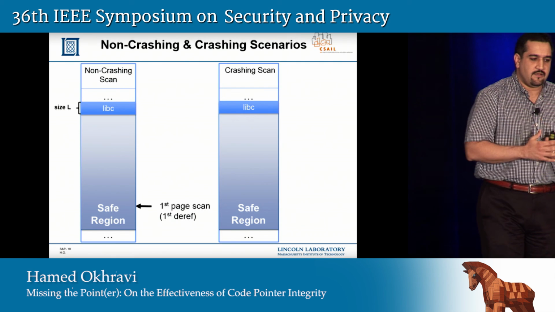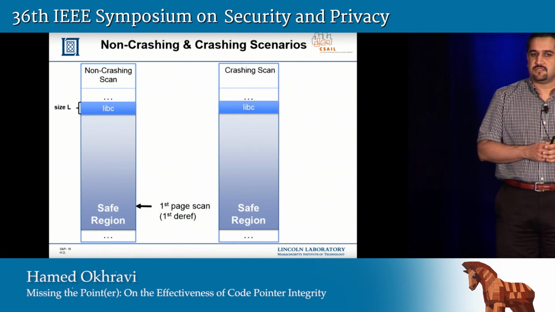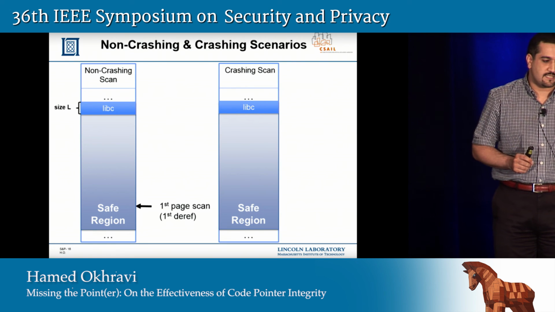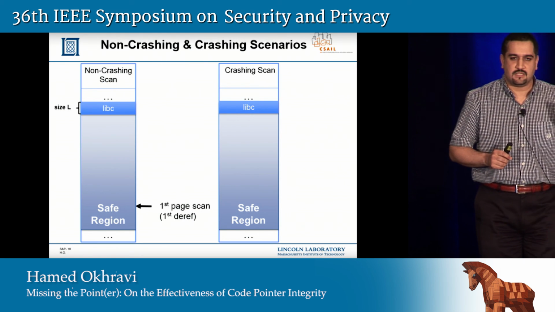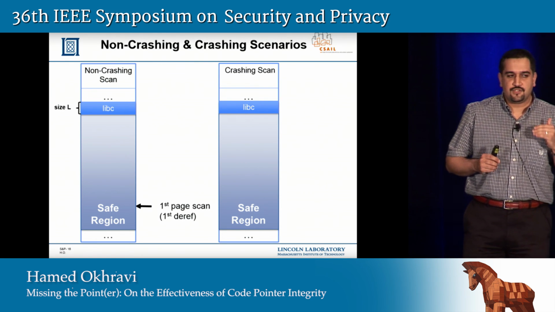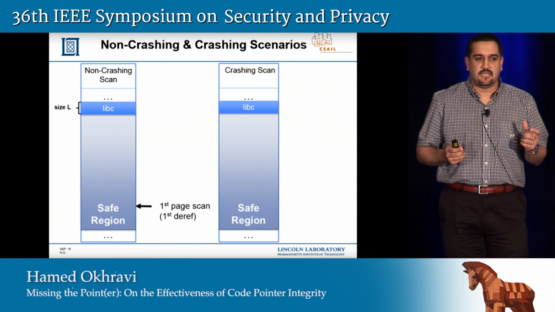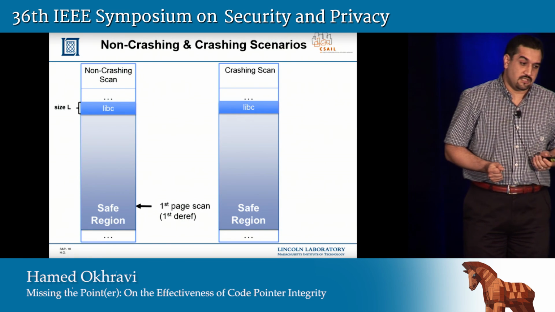Now, how do we find the base address based on that? Well, as it turns out, other libraries are linked on top of the safe region, in the mmap region of the process. And our intuition is that, let's say the top library is libc. If we move to the top by the size of libc, we can be sure that we will never fall off the edge and cause a crash in the process.